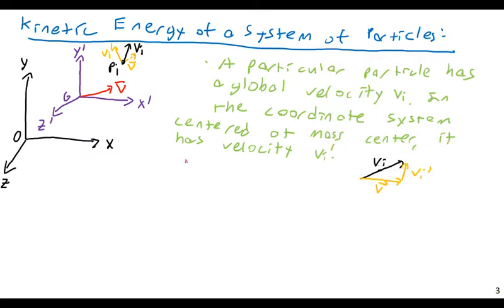Regardless, the overall relationship is that vi equals vG plus vi prime, or vG is the same thing as v bar, so v bar plus vi prime.